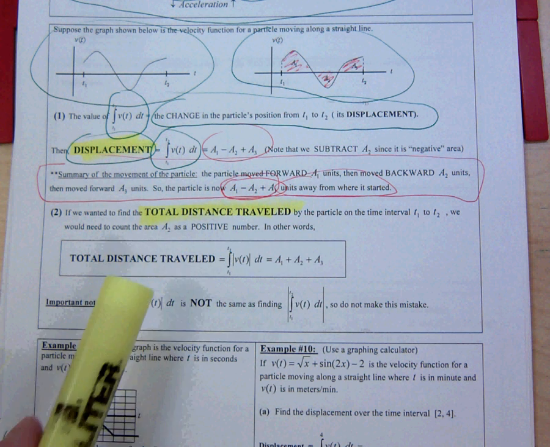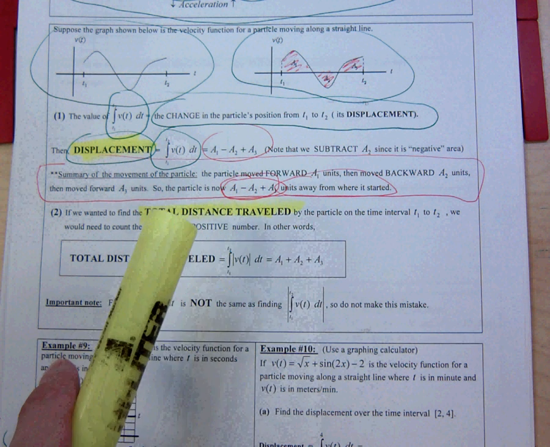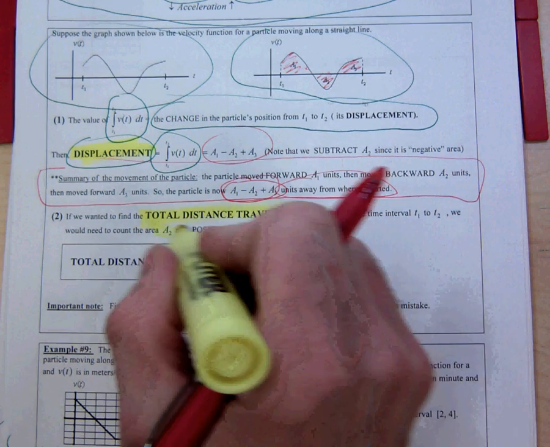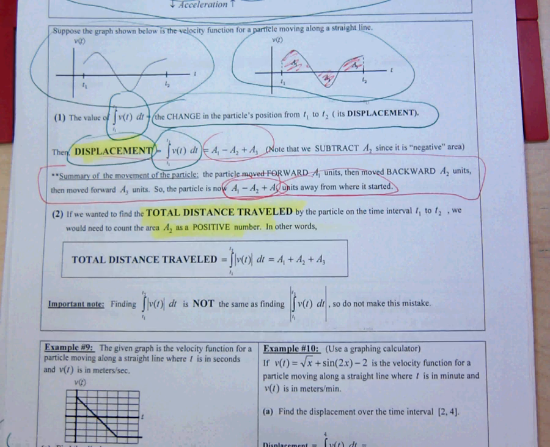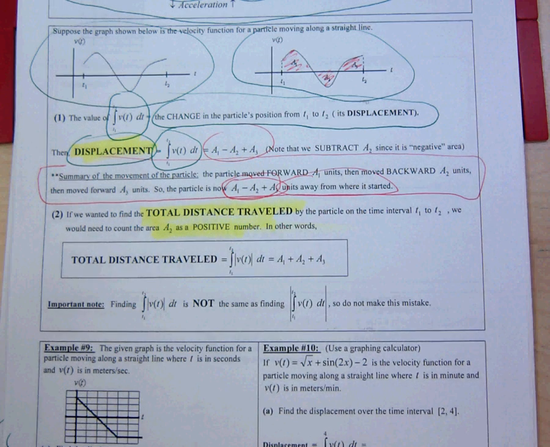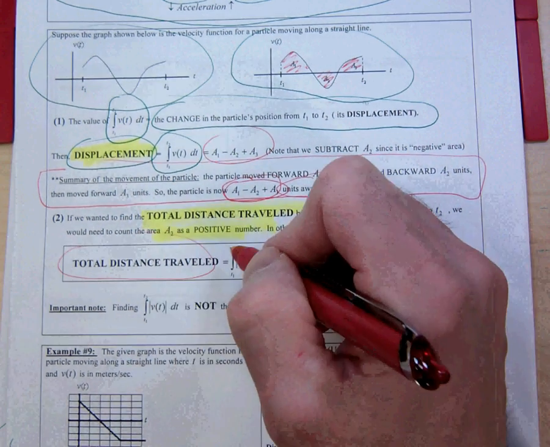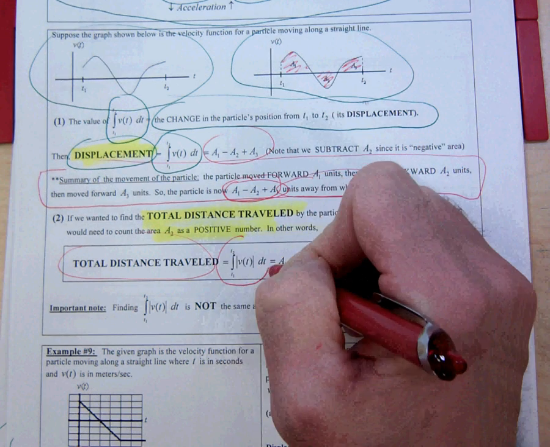Okay, so suppose we wanted to find the total distance traveled, not the amount it was displaced, but rather the distance it traveled. When you talk about distance traveled, you have to consider all the back and forths. So what I'm saying is we need to count area 2 as being a positive number. In other words, the distance traveled would be the antiderivative of the absolute value of the velocity.